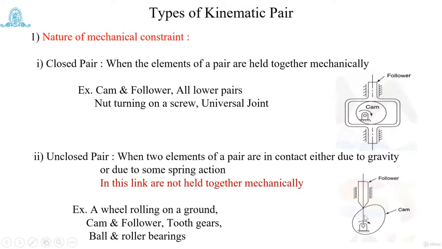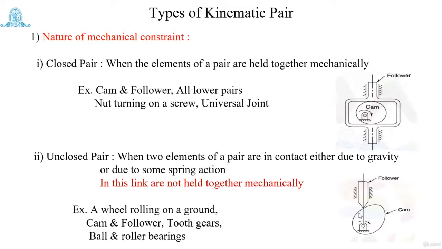But as soon as the point of contact is released, because of the gravity of the follower itself, it comes back, falls down onto the cam, and once again tries to make contact between them. So even if they are mechanically held together during operation, there is a possibility that they may lose contact, though it is not essential to lose the contact between them.